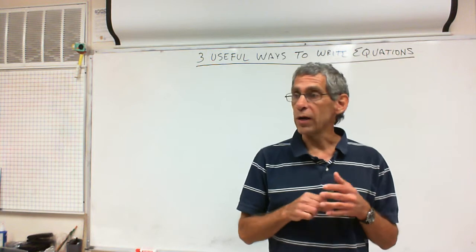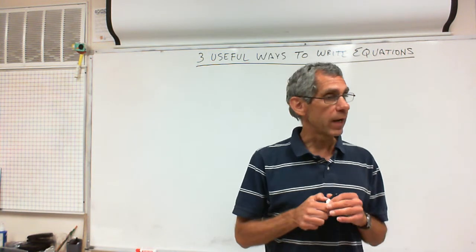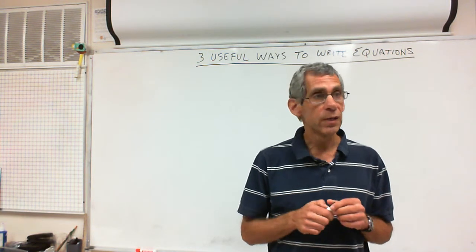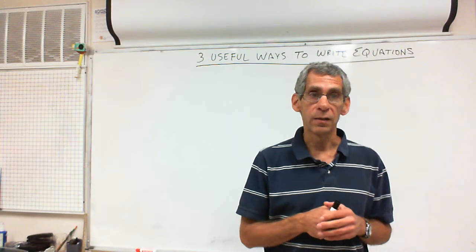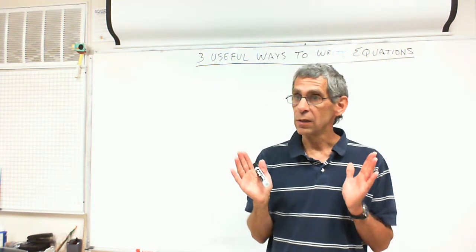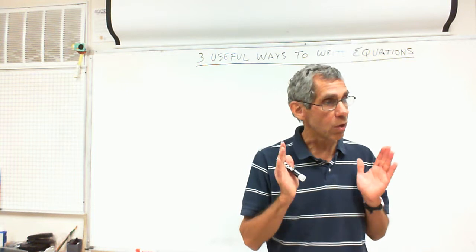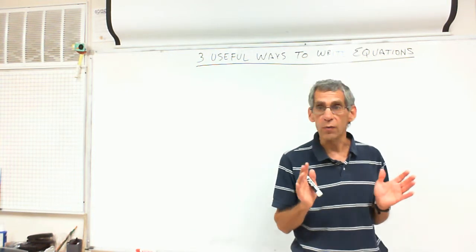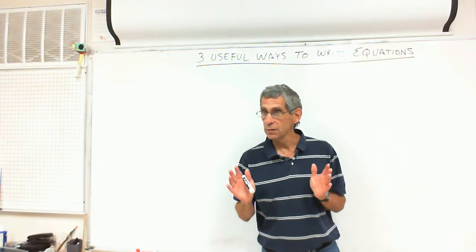Up to this point, most of the equations we've been writing have had one variable in it. And if you have one equation with one variable, you can always solve that equation. Always. Okay, does that make sense?